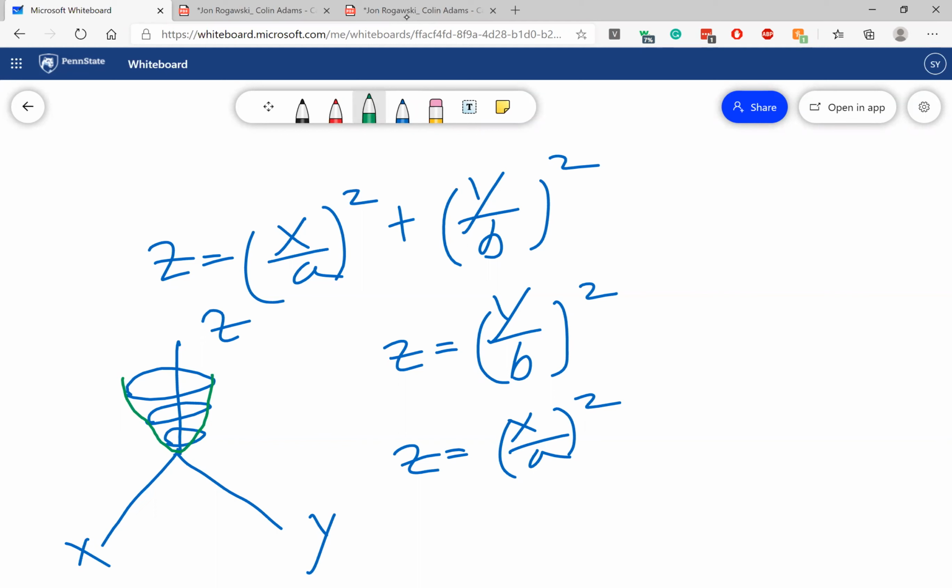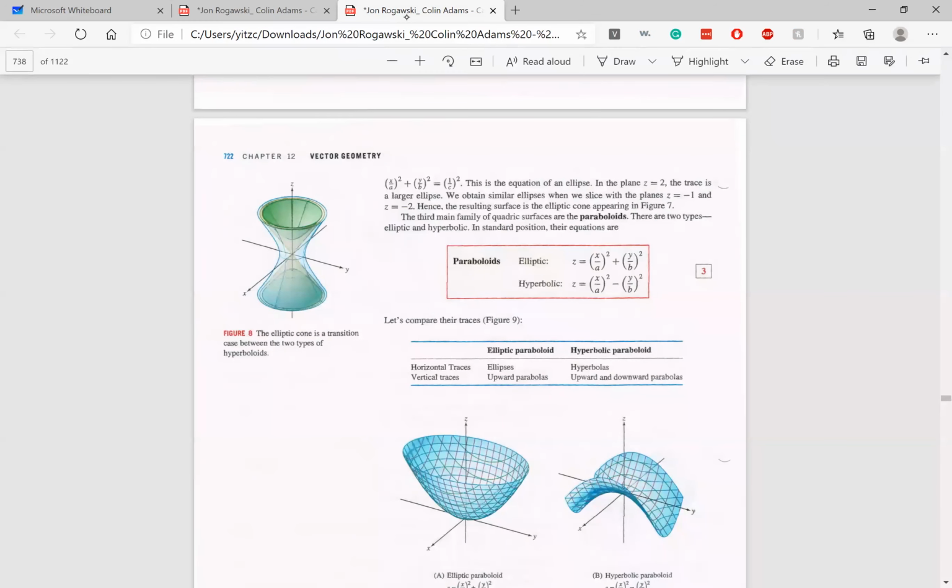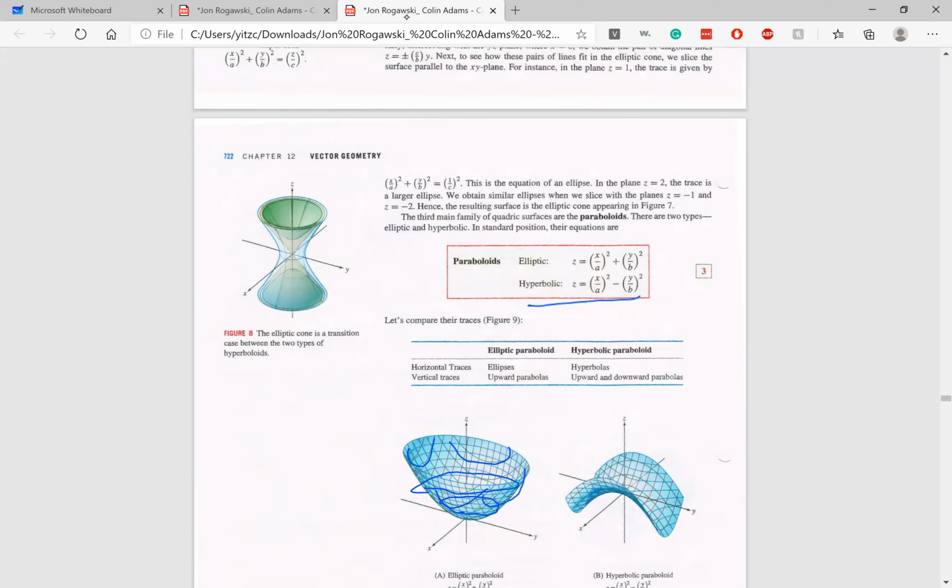So in the zx direction, we're going to have another parabola. And that's how that looks. So it's the elliptical paraboloid because it has the elliptical component of the ellipses that we saw, but then it has parabolas. Here are the parabolas. Okay. Now let's look at this one, the hyperbolic paraboloid.